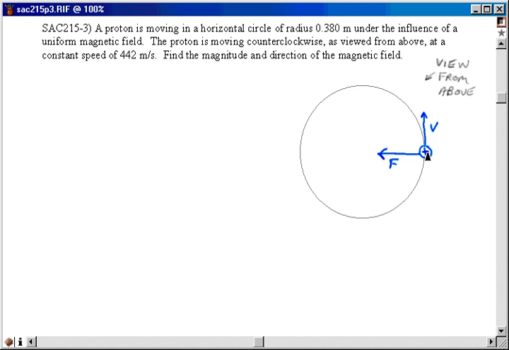It will always be a leftward-directed force, where leftward is with respect to the straight-ahead direction, the direction in which the proton is traveling. So when it's going over this way, from our point of view, it will be downward, but from the proton's point of view, if that's the forward direction, it will be the leftward.